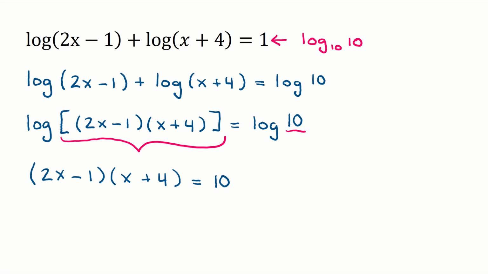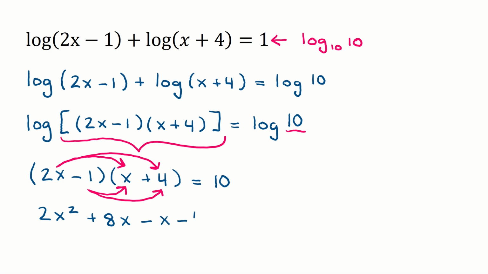Now we have a quadratic equation. So expanding this fully, we're just going to FOIL absolutely everything through. And when we do that, we're going to get 2x squared plus 8x minus x minus 4 is equal to 10.